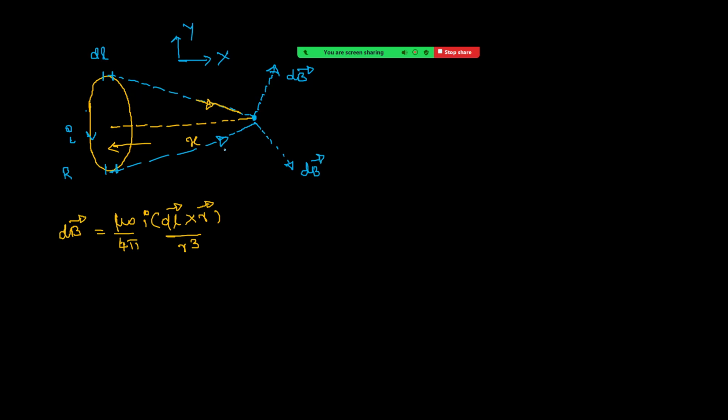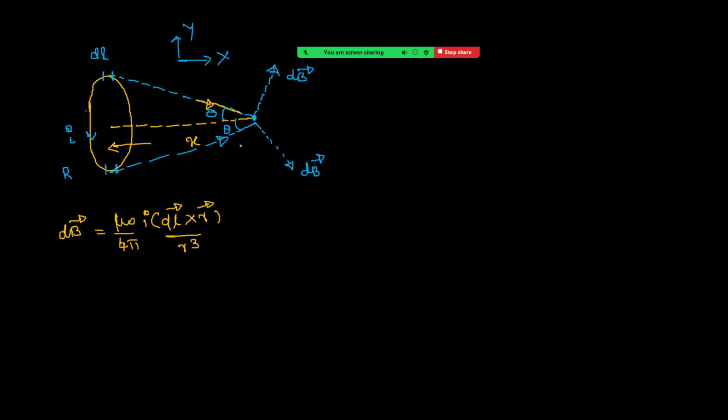Let us take this r bar vector making angle theta with this axis. This is theta, then this also is theta, right? Now see what happens. The component normal to the axis for this one and the component normal to the axis for the other will cancel. So the remaining is only the component along the axis. That means the resultant is along the axis.